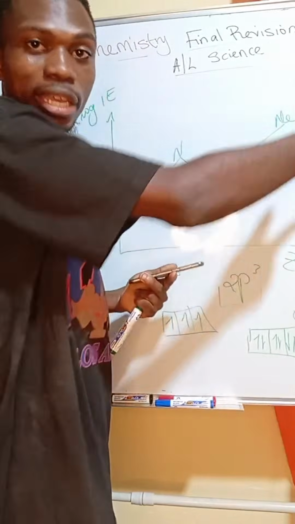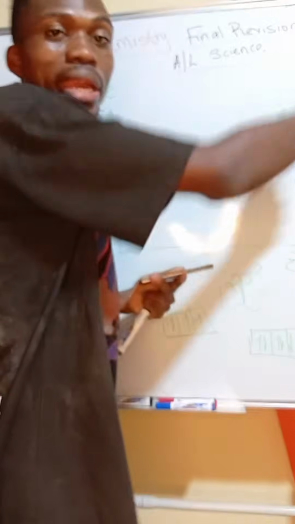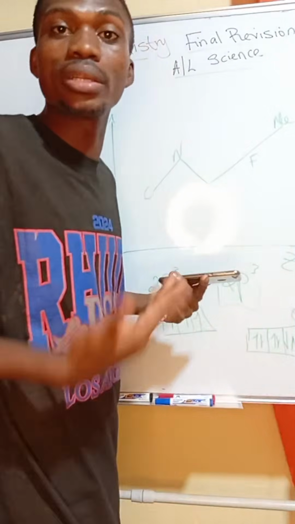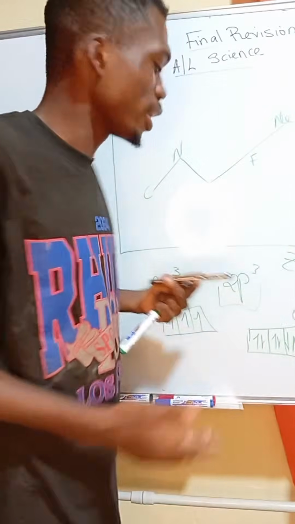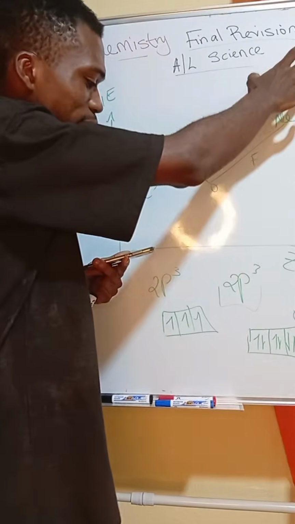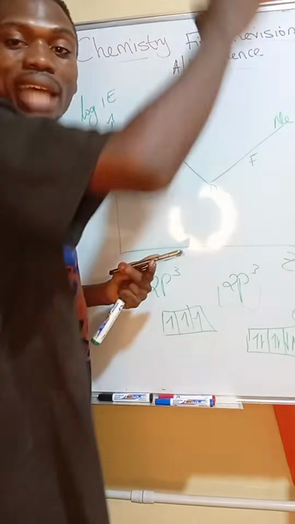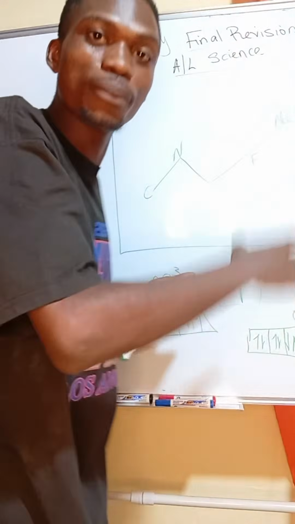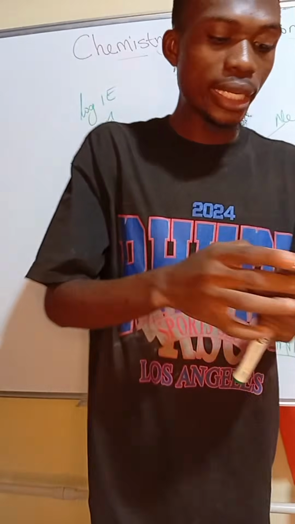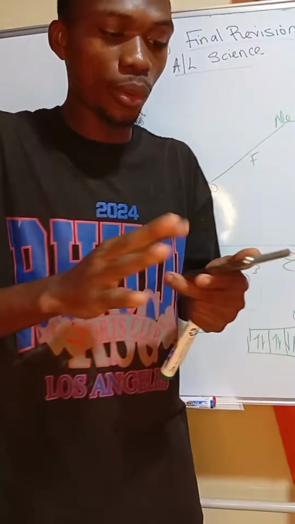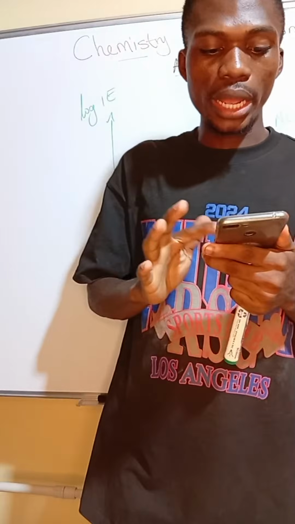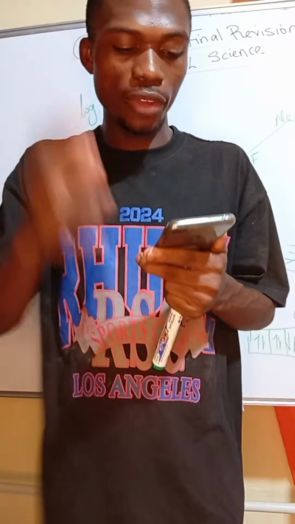Even a Form 2 child already knows that neon has a stable octet structure, right? It's a noble gas already. Its p subshell has 6 fully filled electrons. So it is very stable, and because of that, the electrons are strongly attracted to the nucleus, and they are very difficult to remove.